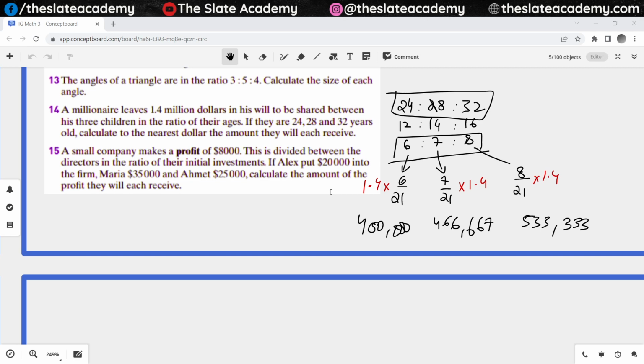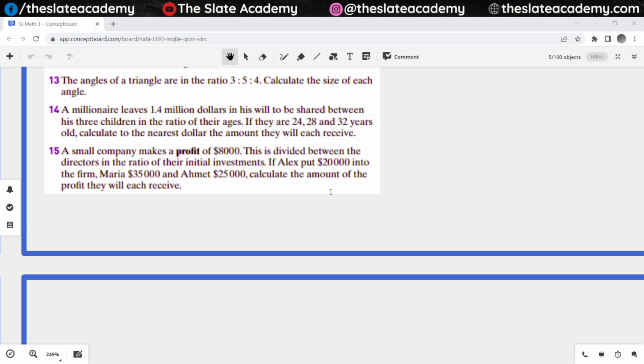8,000. And in what ratio does it say that we have to distribute it? Quickly, Miss Anam, in what ratio do we have to distribute it? What are their investments? So right, 20,000 ratio.